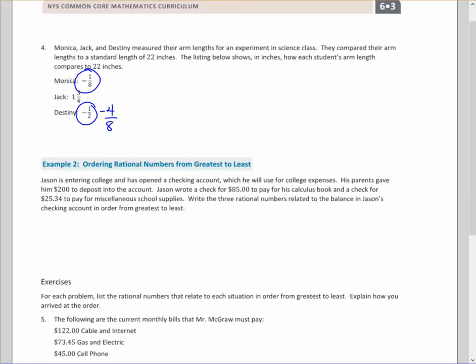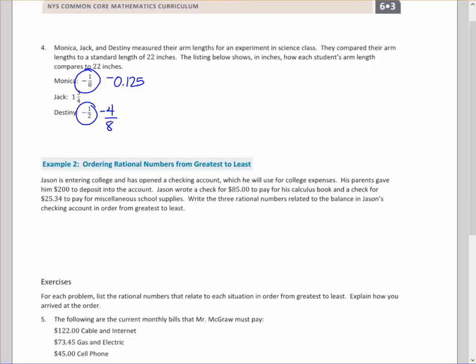The other option you could do is take the top and divide it by the bottom to figure out what the decimal equivalent is. So 1/8 is the same as saying 125 thousandths, and we want that negative, right?